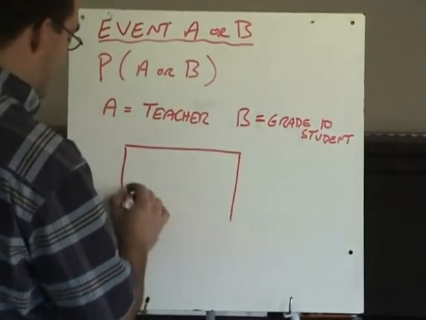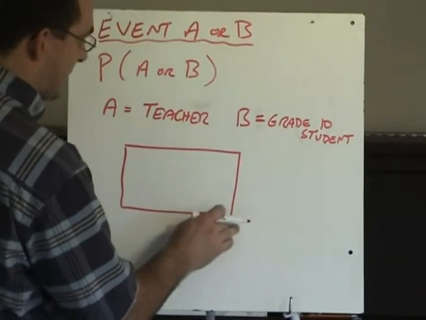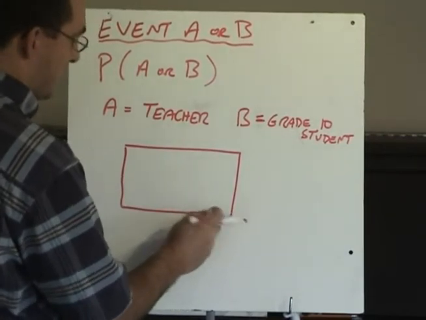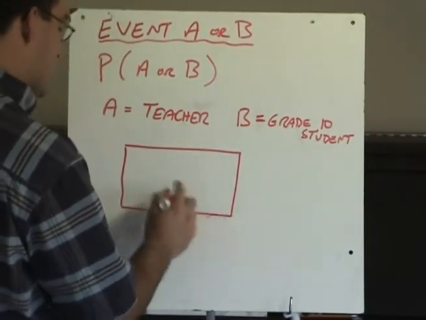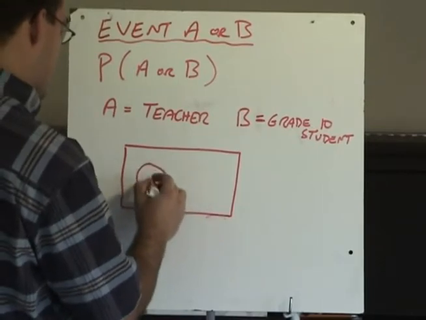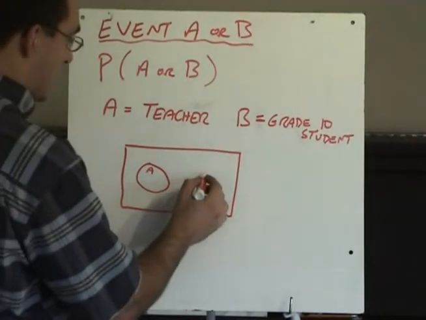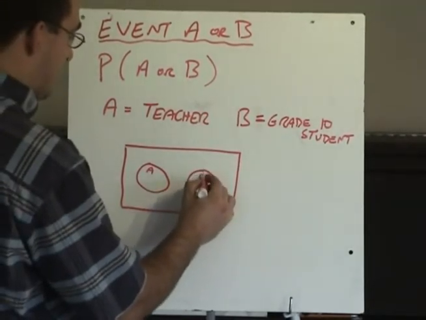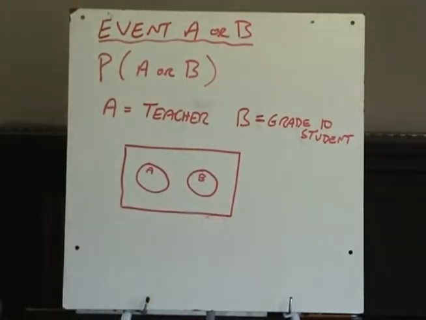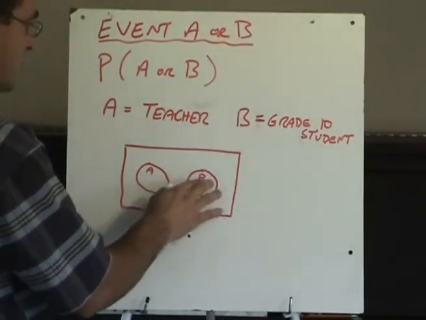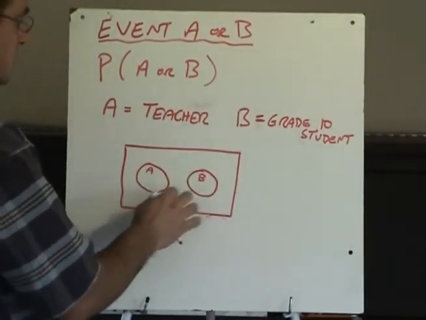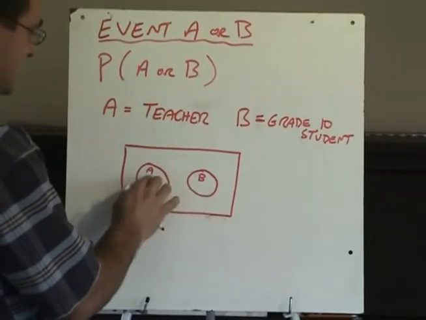So if we look at this box and say this box represents the school, then we would have event A over here, which represents all the teachers, and we would have event B over here, which represents all the grade 10 students. And I think it's pretty safe to say that there are no grade 10 students in a school that would also be teachers.